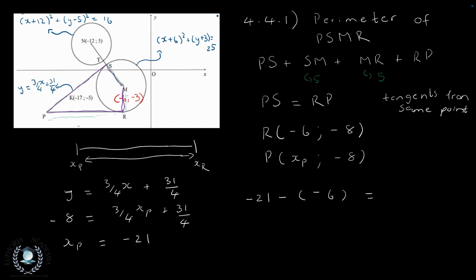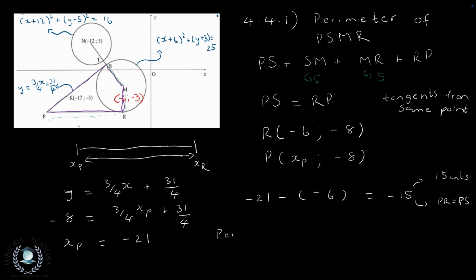The difference between them is going to be -15, but we're speaking in terms of length, so this is going to be just 15 units. And as stated before, this is the distance of PR, and PR is also equal to PS, as we stated in the beginning.